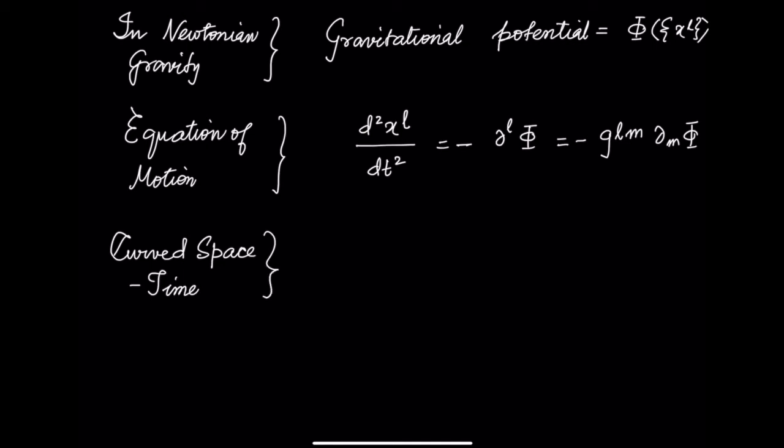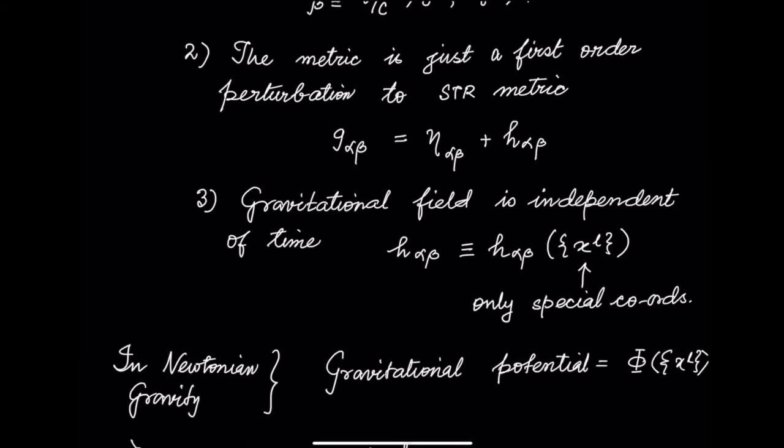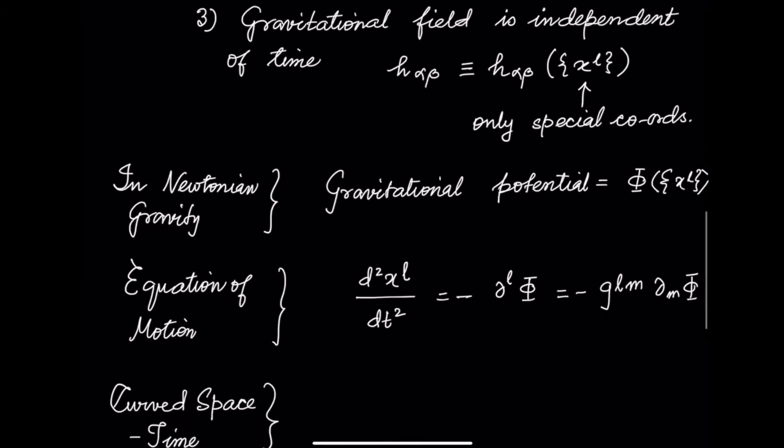The equation is that of the geodesic, and you see, we said that the velocity is v by c, and the gamma is almost always 1.